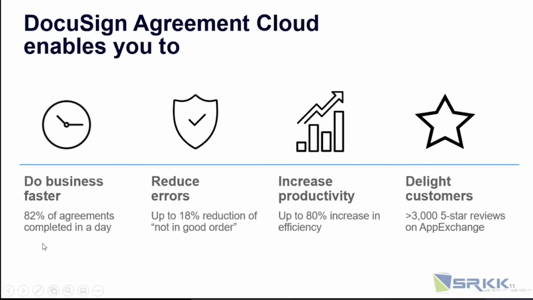So in a day you could complete more than that, and it will reduce the errors, because there are real-time interactions, and this basically reduces the errors. Productivity will definitely shoot up because of the turnaround time and the feasibility of these solutions. And of course you will get really good reviews, and the customer experience will be totally different if you move into electronic signatures.